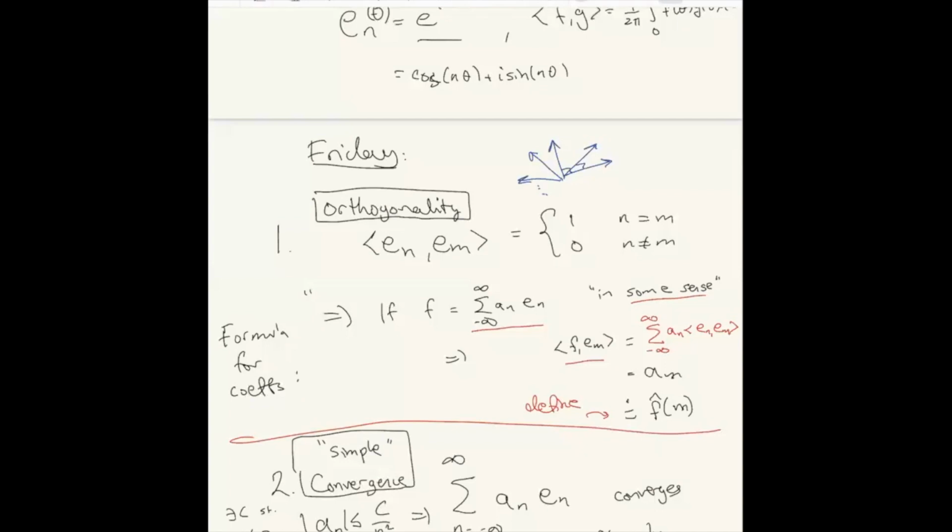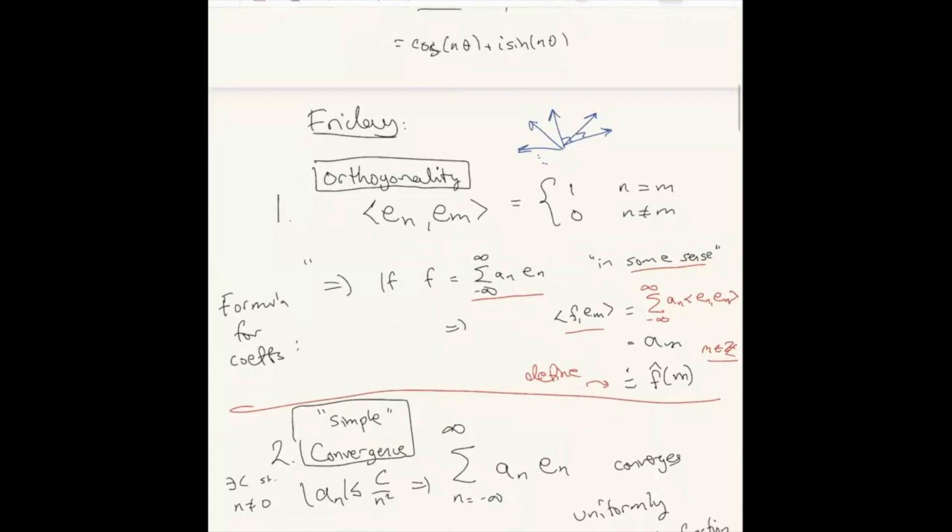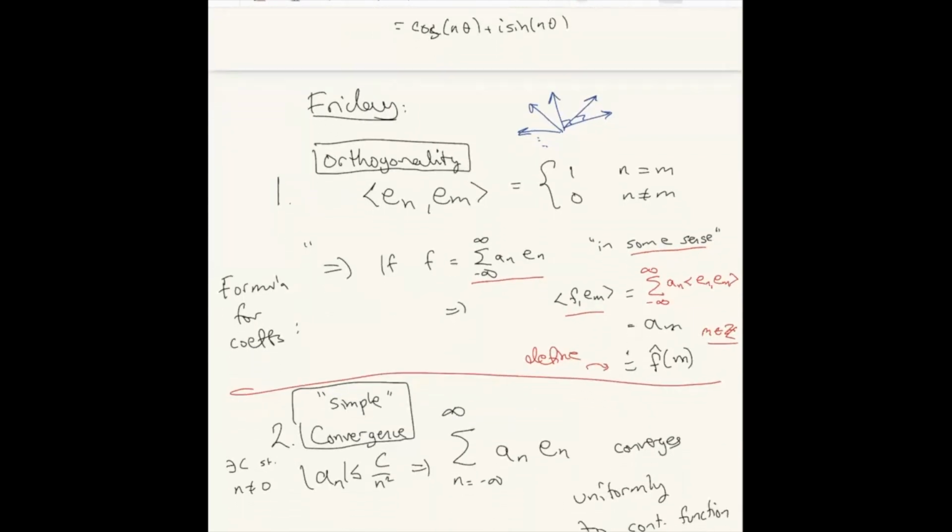The indices here are integers, not natural numbers, as often you might see. Okay, so there's a formula for discovering these coefficients, and we will make this in some sense precise. For us, it will mean uniform, but I will remark that it actually doesn't depend on what it means.